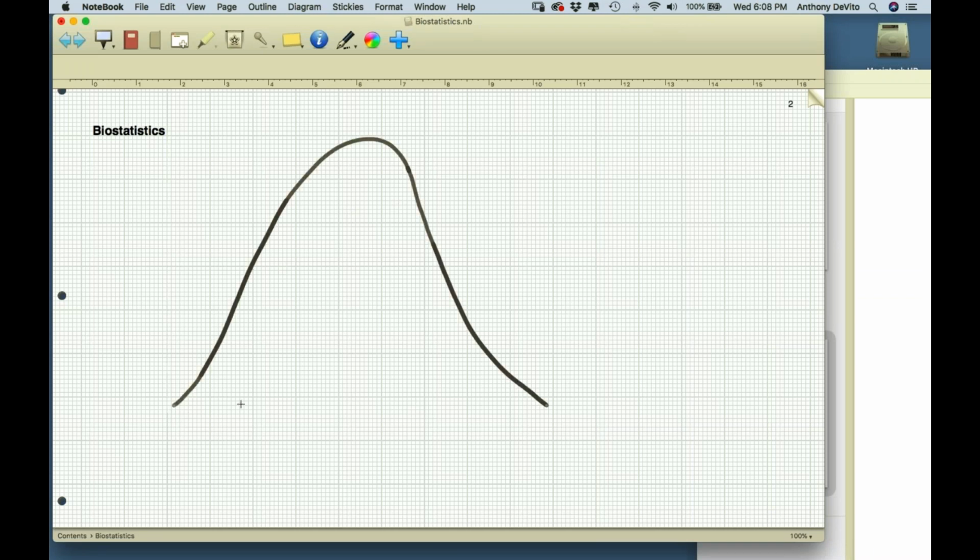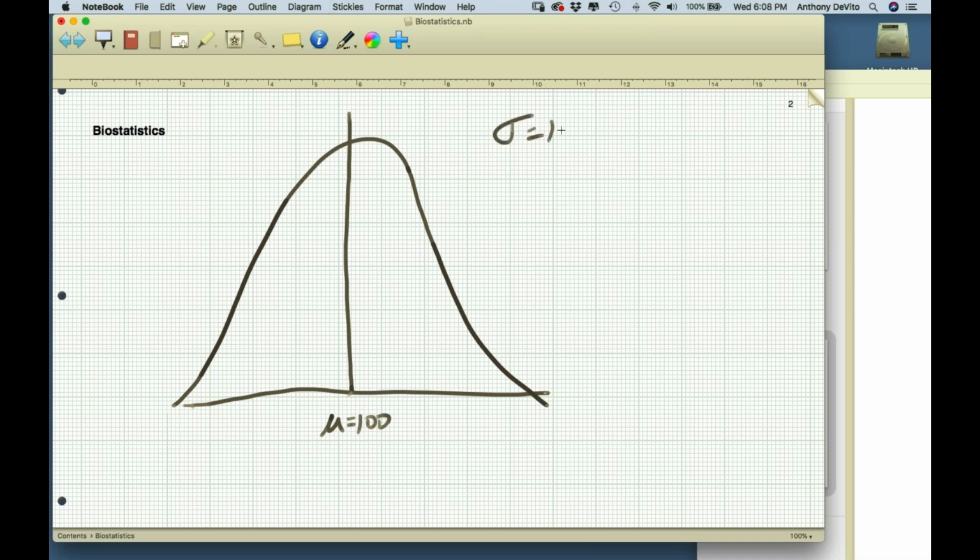Remember that empirical formula? Well, all that time I spent talking about the empirical formula, I was lying to you. I'm going to take a distribution where the mean is 100 and the standard deviation is equal to 10, just to make it easy numbers to work with. In the empirical formula, I told you that 95% of the values of the population is between 2 standard deviations below and 2 standard deviations above the mean.